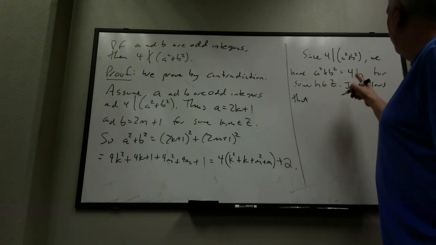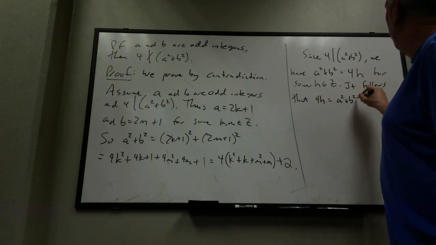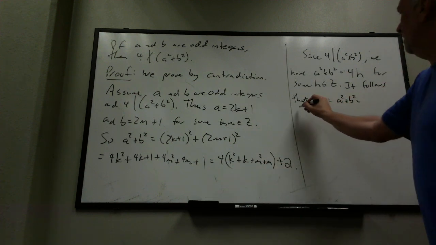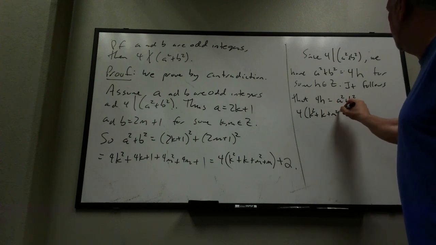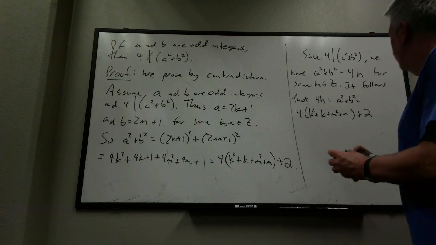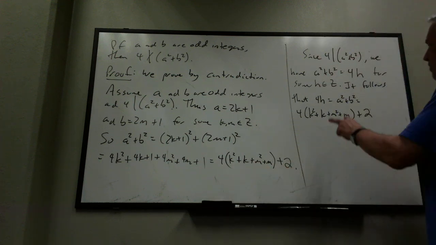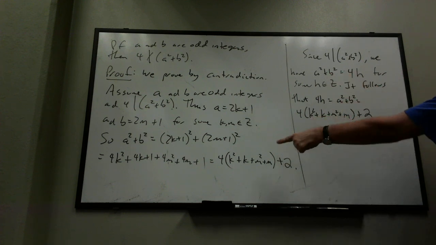So I have, from here I have 4h is a squared plus b squared. But from here I have a squared plus b squared is 4 times k squared plus k plus m squared plus m plus 2. Notice I wrote this one first just because I did it right here. And then this one's coming from here.